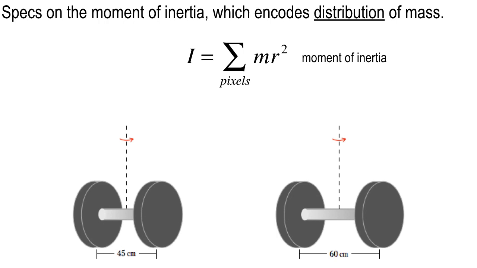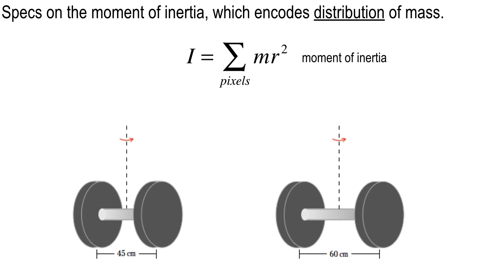Now, for these barbells, it's fairly easy, and you just figure out how far away from your spin axis. Like this one, the distance is 45 centimeters left to right, and this one a little bit bigger, 60.